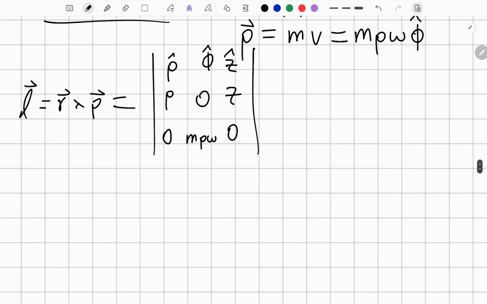So taking this determinant, we're going to get z times m rho squared omega.